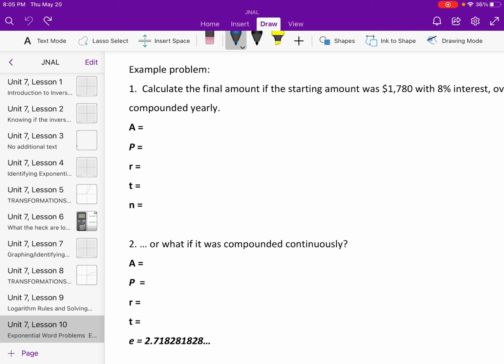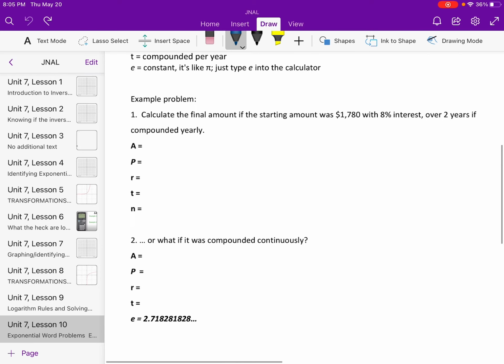Calculate the final amount. I'm going to highlight every value and then we'll assign letters to them. This isn't a number, but we can already tell that's what we're being asked to do. If the starting amount was $1,780 with 8% interest over 2 years, compounded yearly.